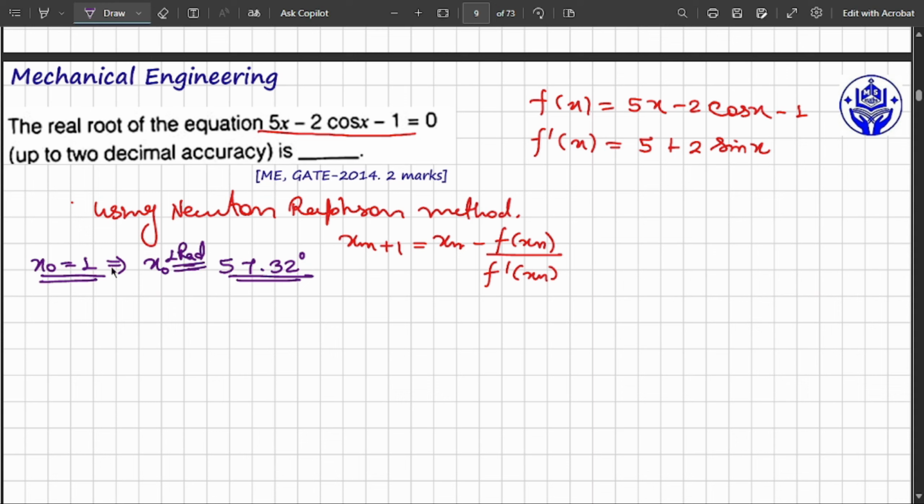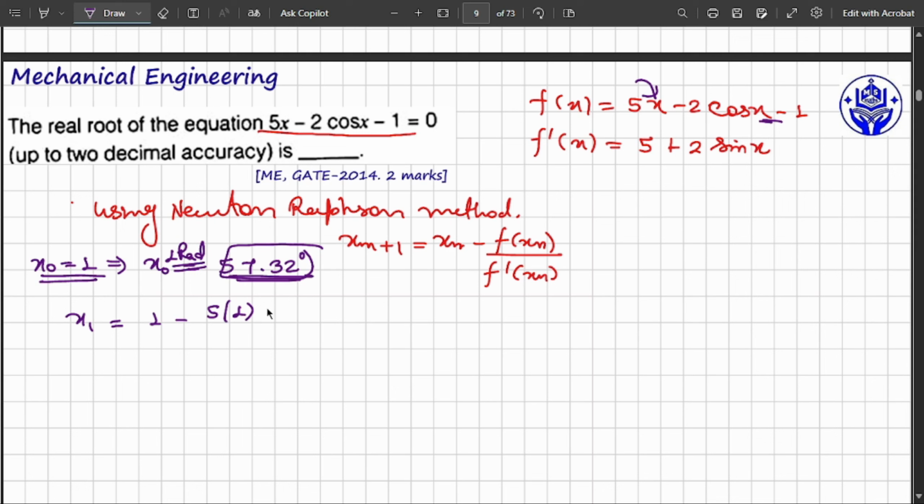So if you are putting 1, then it is no problem. This degree is the degree form of this. So I will get x1 equals 1 minus 5 into 1, where in the case of x you should put 1, because there is no matter of radian there; only the angle matters.